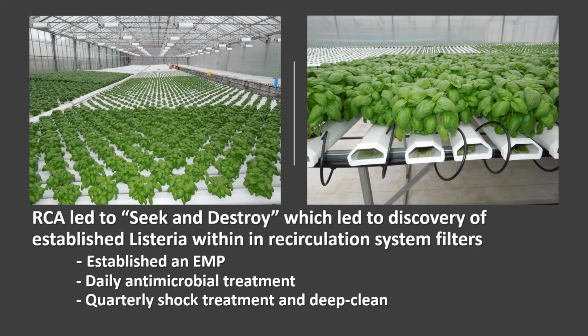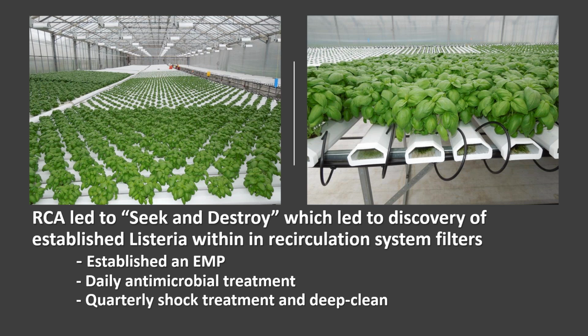Moving to different types of environments, root cause analysis really led to a seek and destroy in a greenhouse herb operation, which led to discovery of established listeria within the recirculated water system filters, which weren't treated at the time. When the facility is new, there were no problems, but with time, these things can build up.